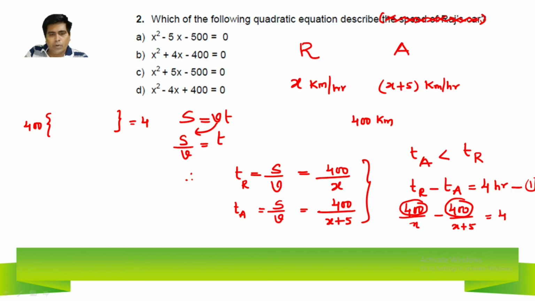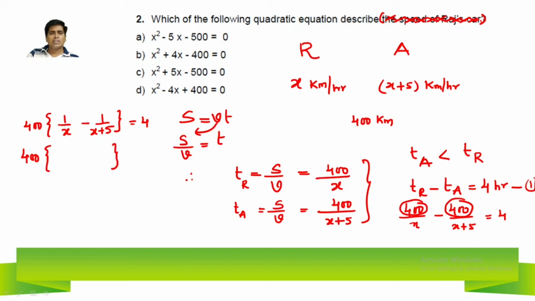What is left out here is 1 by x minus 1 by x plus 5. So I have taken 400 common and I got this expression. The left side is the expression. Next, 400 into, I will simplify this one.